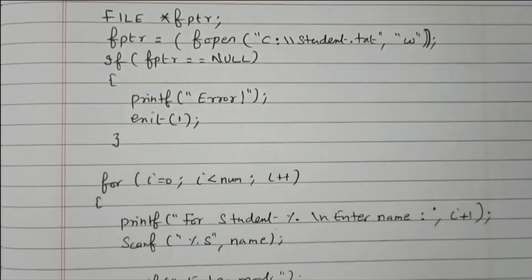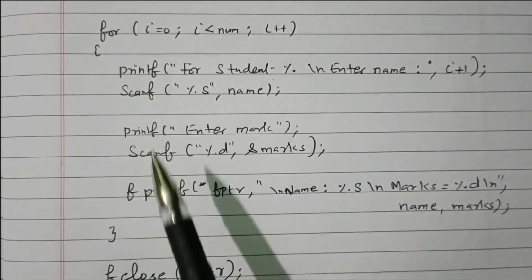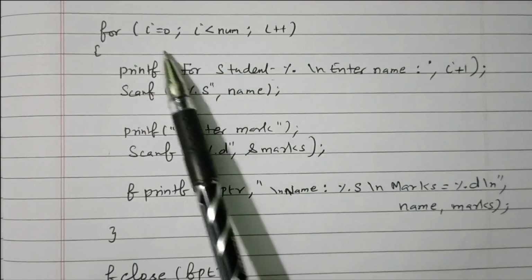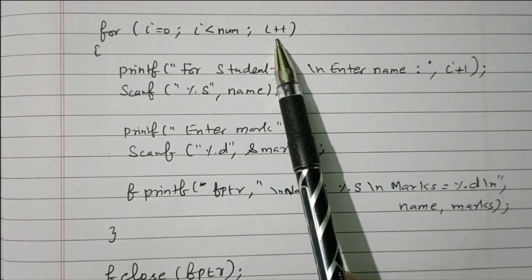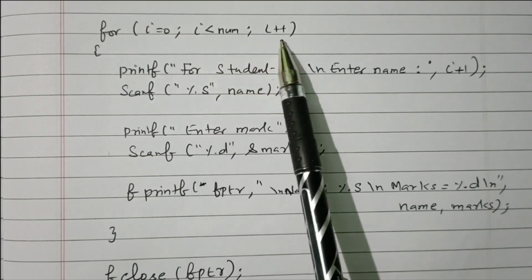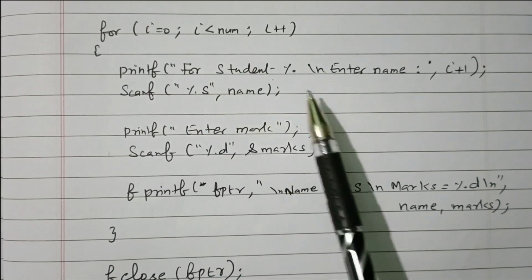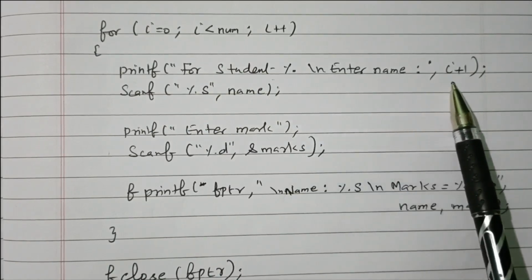Now we'll see how to write the data. for i equal to 0, i less than num, i plus plus. We start from 0, up to the number of students, and one by one we store, incrementing i. That is the starting value, condition, and increment. printf for student %d enter name, with i plus 1.